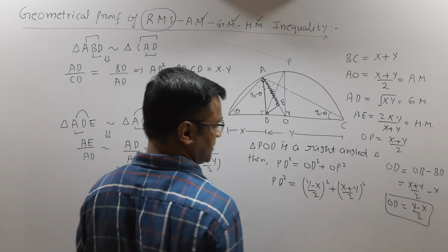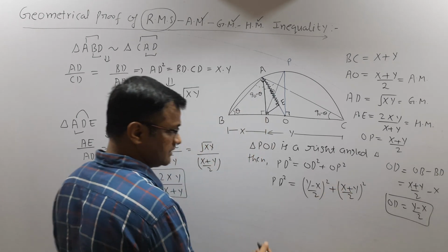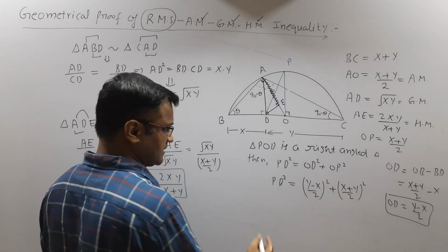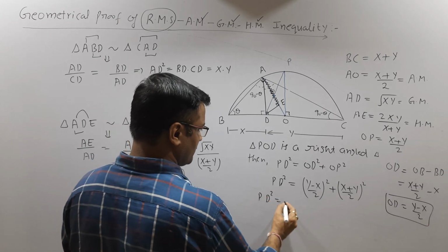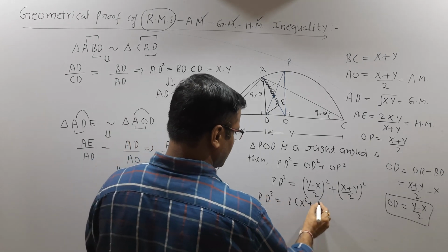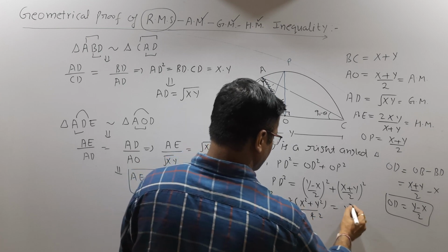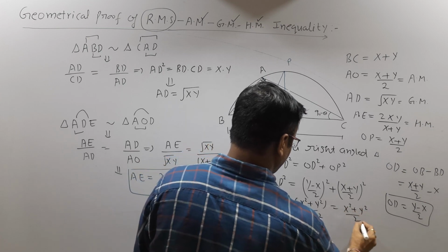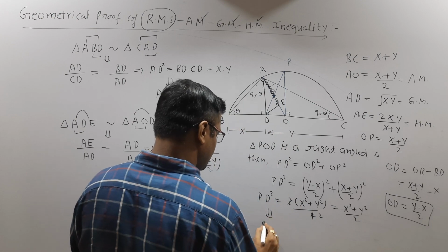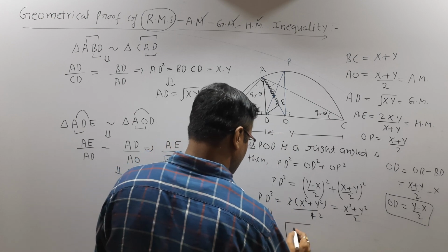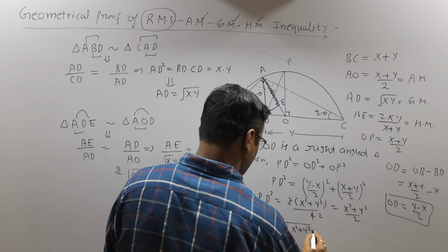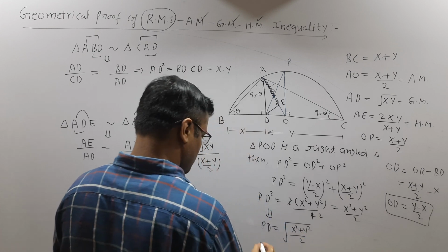This becomes x square plus y square plus 2xy. I think the product term 2xy will cancel out. What we can write from here is 2 times (x square plus y square) over 4, that is (x square plus y square) by 2. Then what is the length of PD? PD is clearly root under (x square plus y square) by 2.